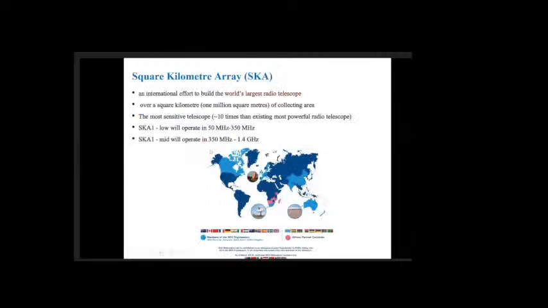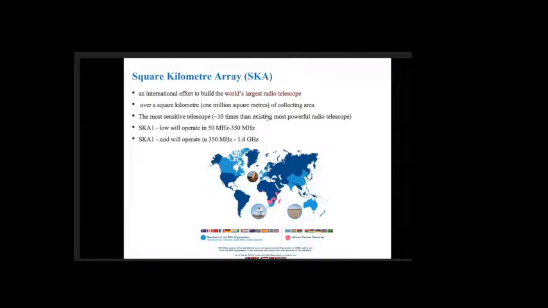These are some of the parameters. Let's skip that. The point is that it is an international telescope. It is not built by one country, but by many countries, including India. India is one of the member countries of the Square Kilometer Array. In India, we have the SKA India Consortium, and many universities and institutes are part of that, including Presidency University.